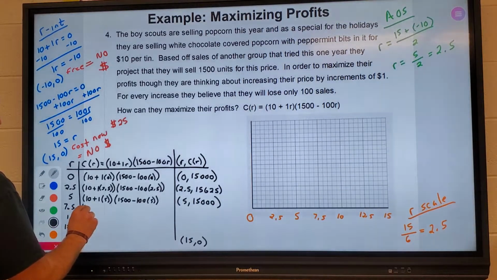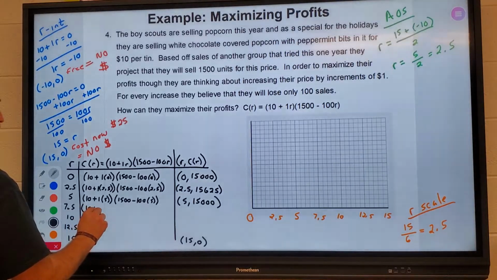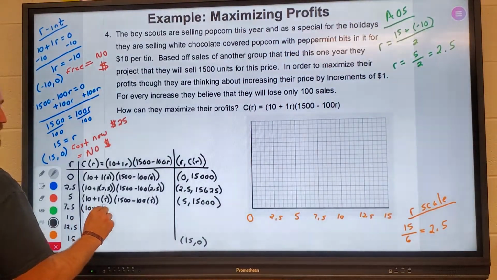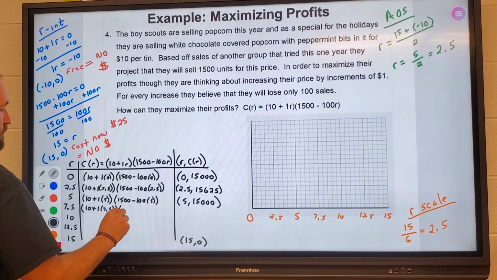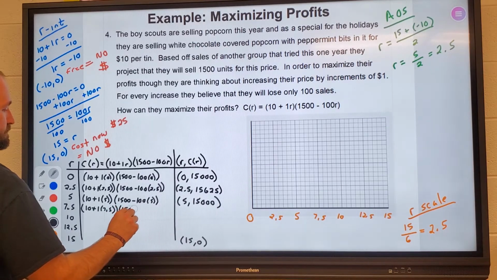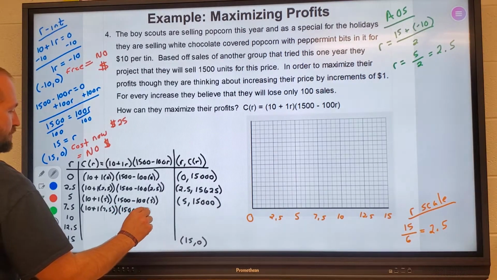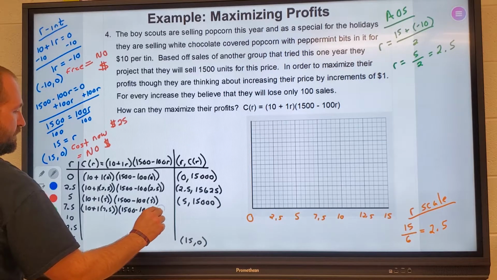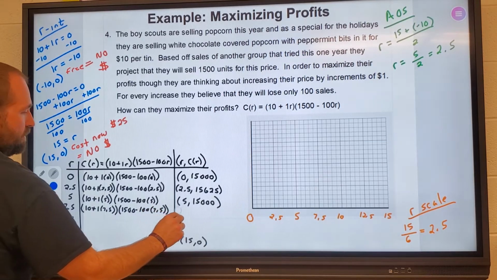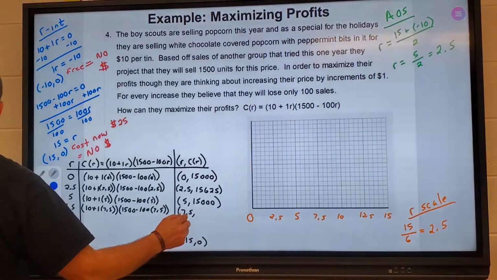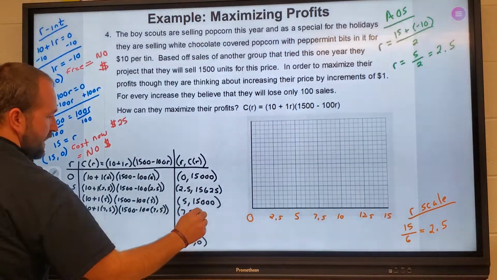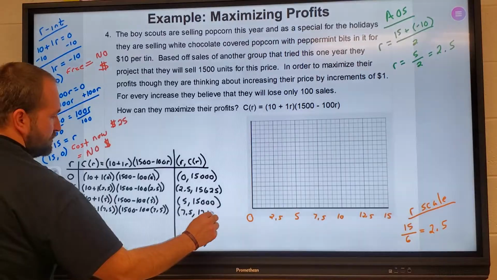Continuing then, 7.5, so we have 10 plus 1 times 7.5 times 1,500 minus 100 times 7.5, which gives me 7.5, comma, 13,125.